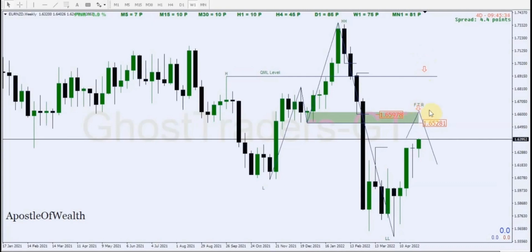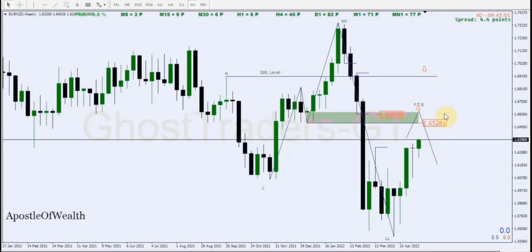So instead of just waiting for price to get to the QML level, and as you are waiting, all of a sudden you see price failing to get to that level, and you really don't understand why price is failing to get to your level, because many are not familiar with the breaker structure. They only know the QML structure. So this is why it's very important to also know the breaker structure.